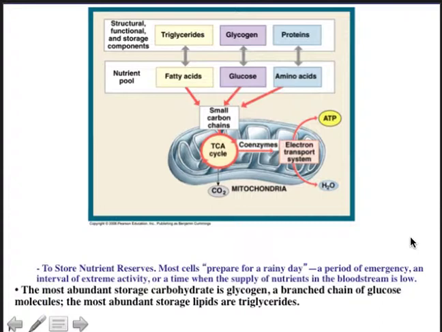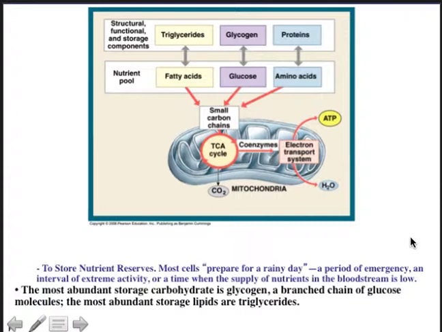The most abundant storage carbohydrate is glycogen, which is a branched chain of glucose molecules. The most abundant storage of lipids are triglycerides. Now, in the human body, most of our energy stores are in the form of lipid, and we've touched on why that is already in the previous weeks, but just to revisit that, if you look at the typical triglyceride, you find a couple of features in these molecules that make them ideal as a storehouse of chemical potential energy.